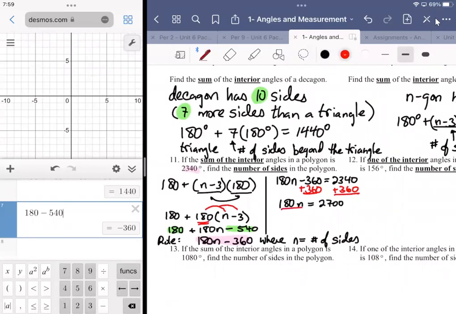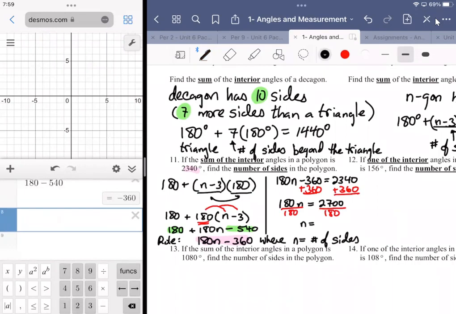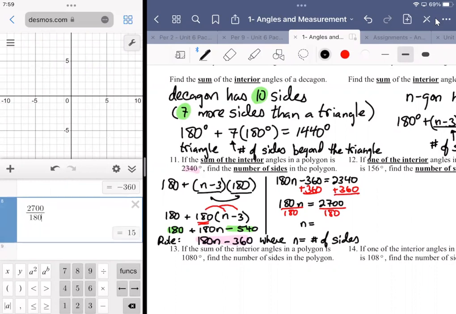And then we divide out the 180, and that would give us the number of sides. And if it's not a whole number, then it's either a flawed problem or we did something wrong. So that's going to give you 15. So the number of sides in the polygon would be 15.